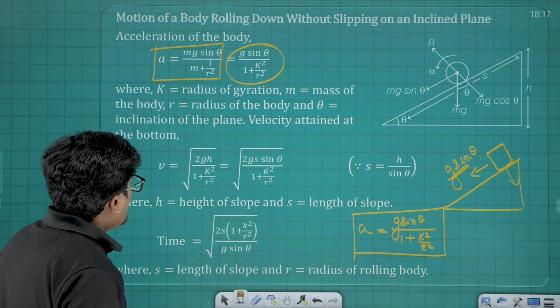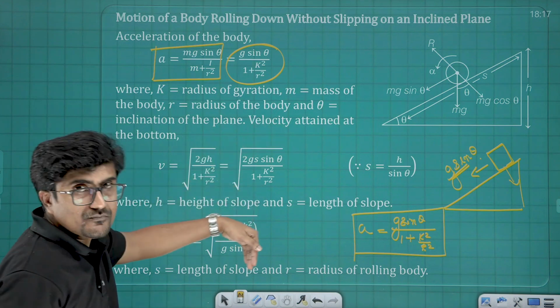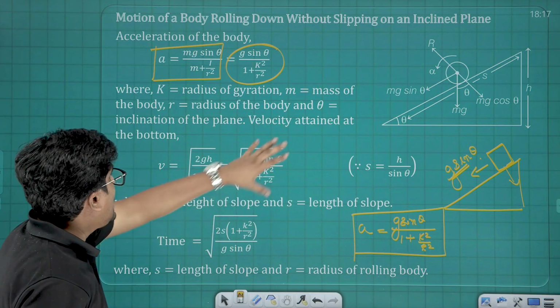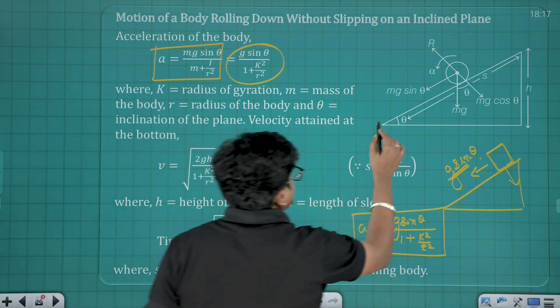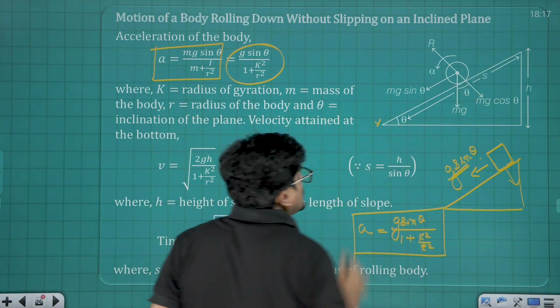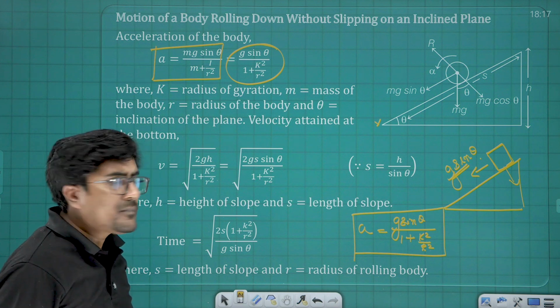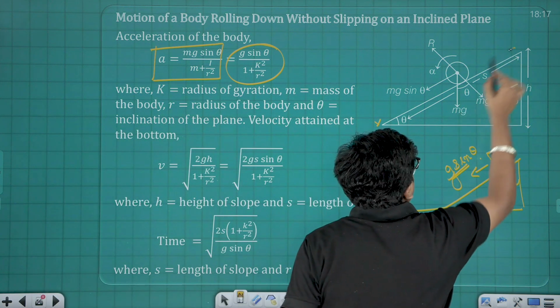Now how is this relation going to help you in all other parts? Once it comes down to the bottom, it is going to travel a distance of s down the plane along this direction.